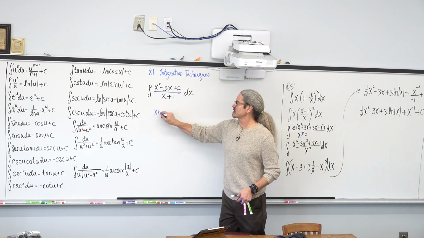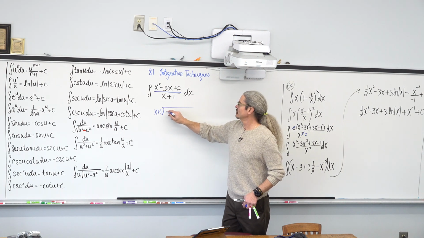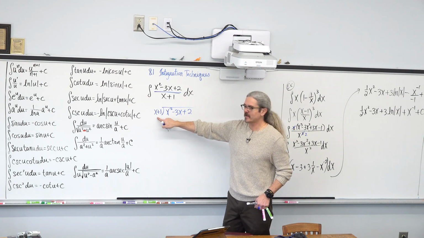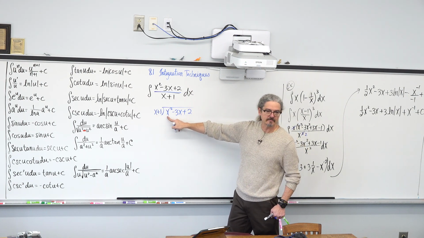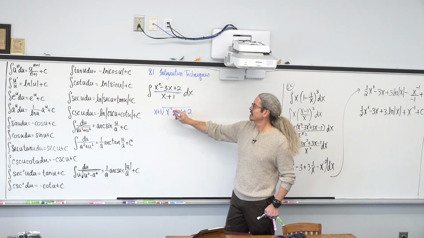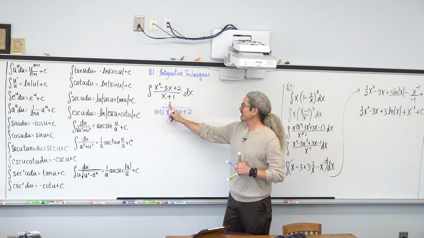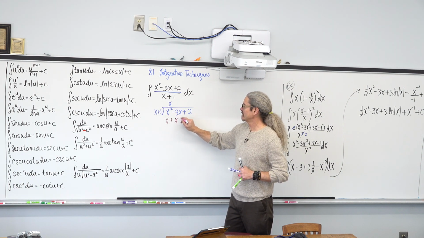We have x plus 1 going into x squared minus 3x plus 2. What makes x become x squared? What do you have to multiply by? X. So we multiply by x and get x times x is x squared. X times 1 is a positive 1x.